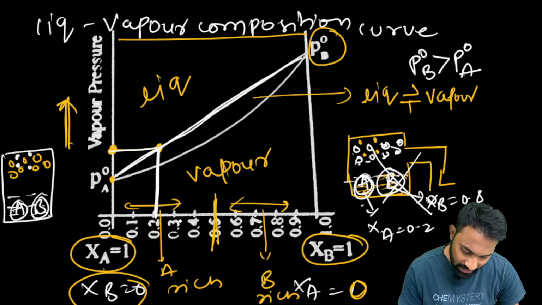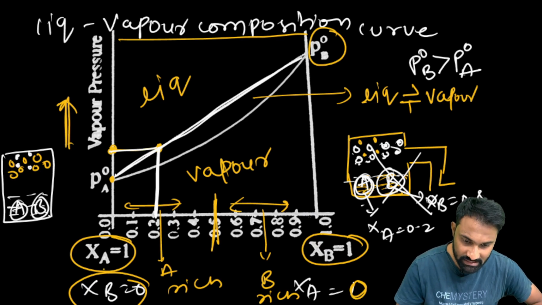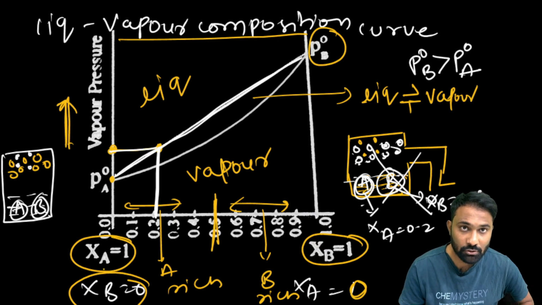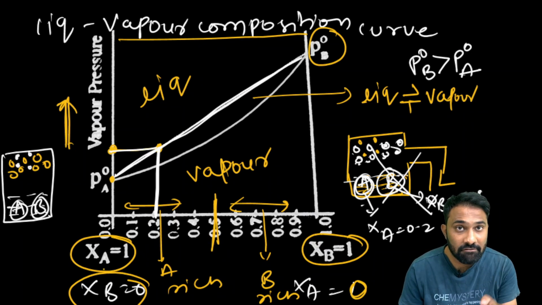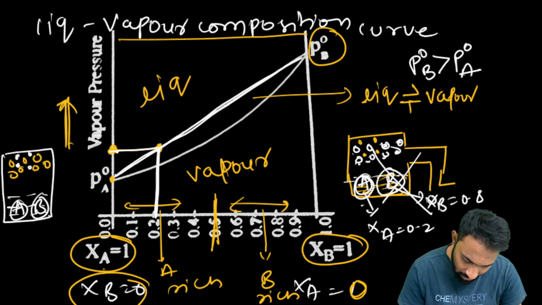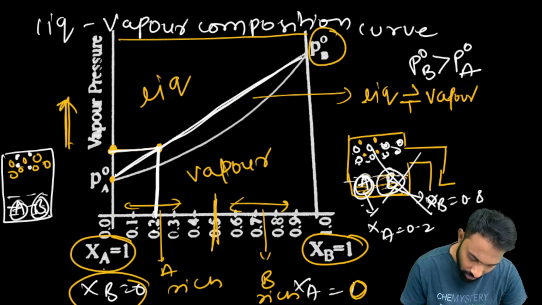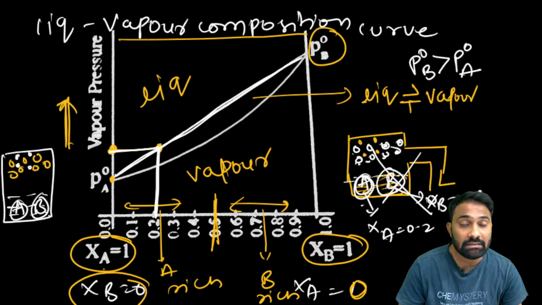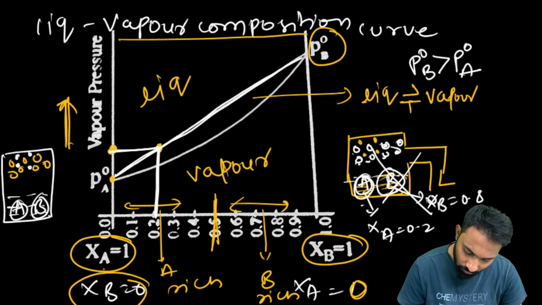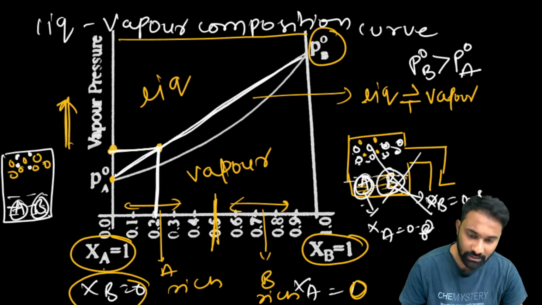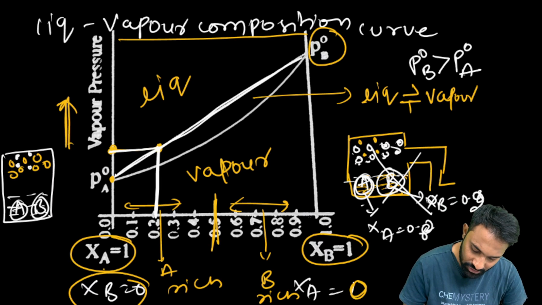What I said: on the left side of the midpoint 0.5, A will be rich, right? According to this composition, if you got 0.2, it means the mole fraction of A is 0.8 and the mole fraction of B is 0.2.